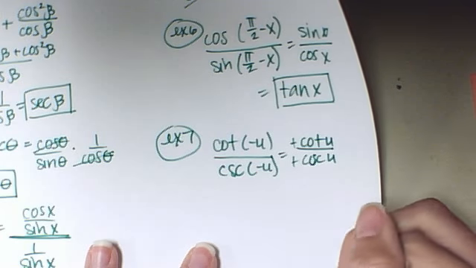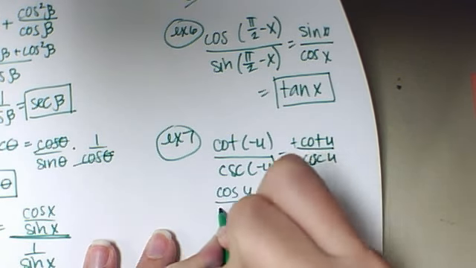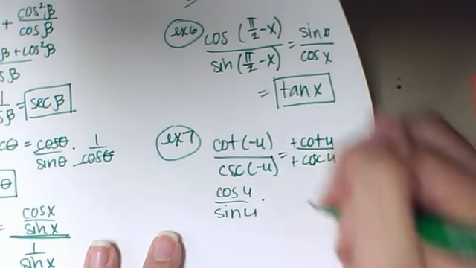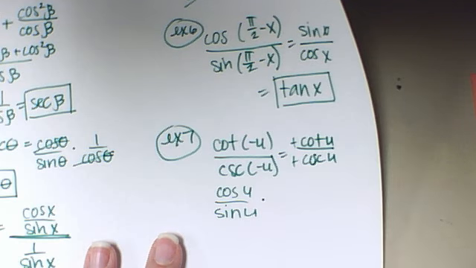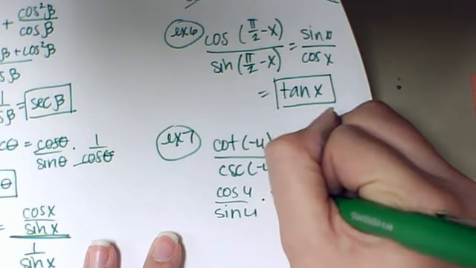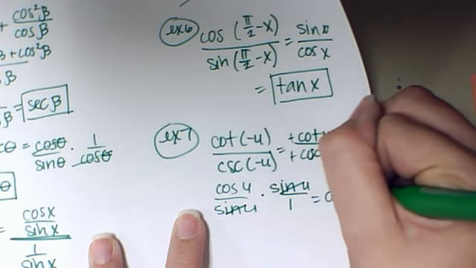My negatives cancel. If I put that in terms of sine and cosine, cotangent is cosine of u over sine of u. And I know I've got a fraction over a fraction, so I'm going to go ahead and multiply by the reciprocal. The reciprocal of cosecant is 1 over sine. So if I flip that, that's sine over 1. And my sines cancel. My answer here is the cosine of u.